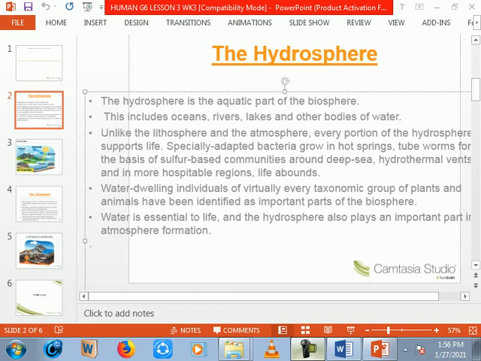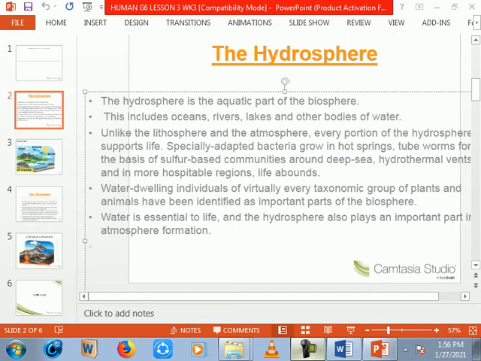We looked at two of them. Today is a continuation from where we stopped, because I said I will start from the hydrosphere.